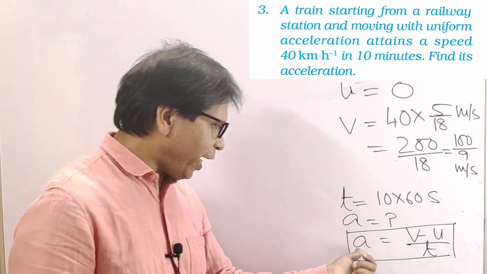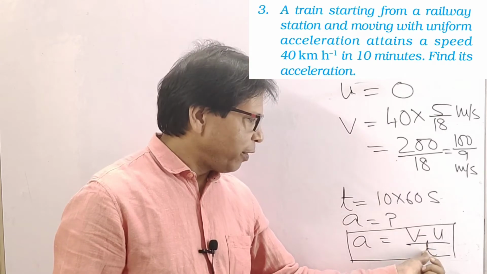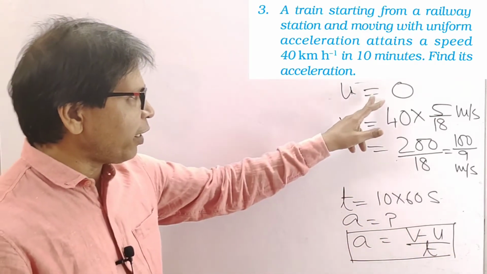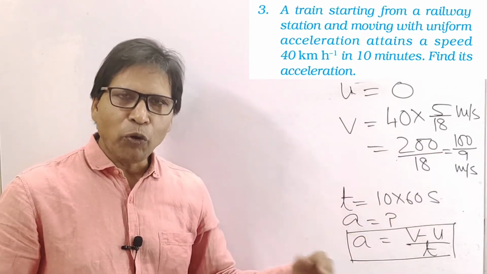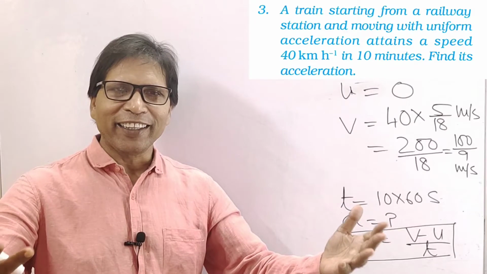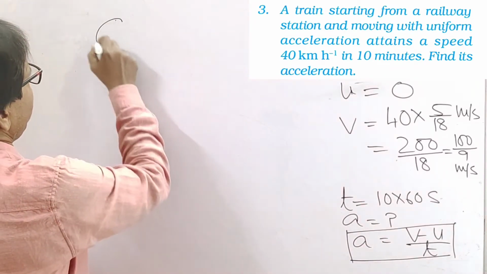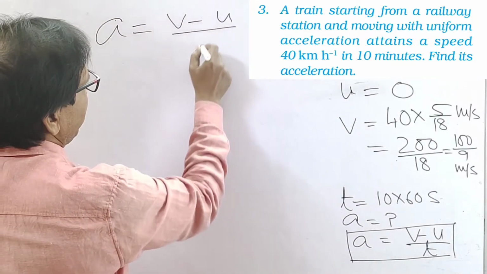So acceleration A equal to change of velocity divided by time, that is v minus u by t. Look at this, here u is given, v is given and t is also given. So we can easily calculate the acceleration. Therefore A equal to v minus u divided by t.